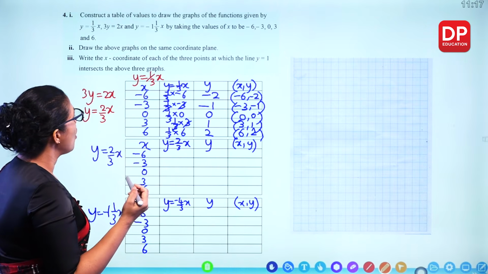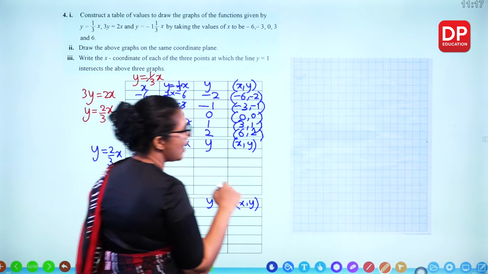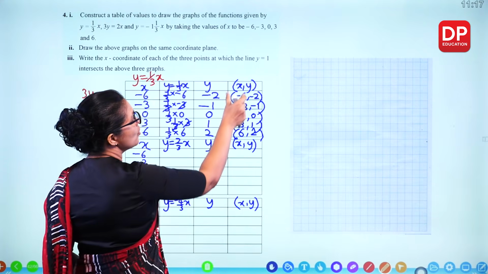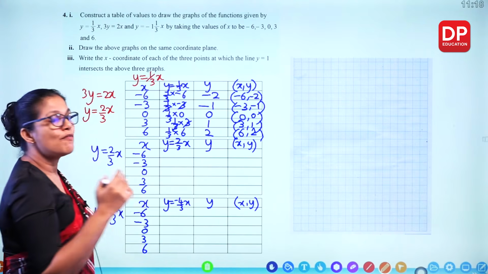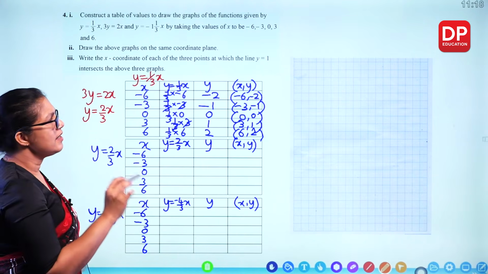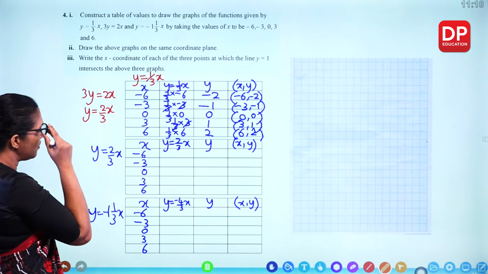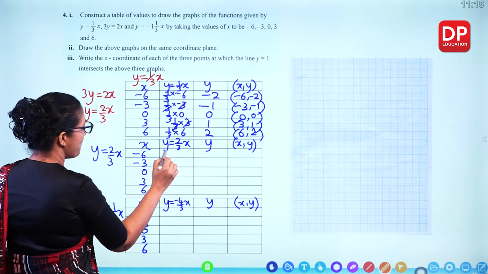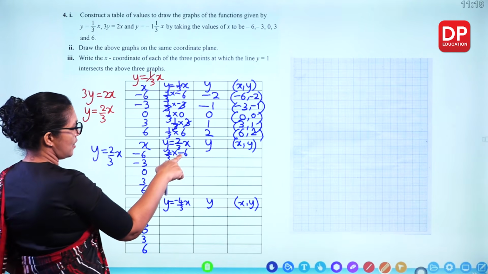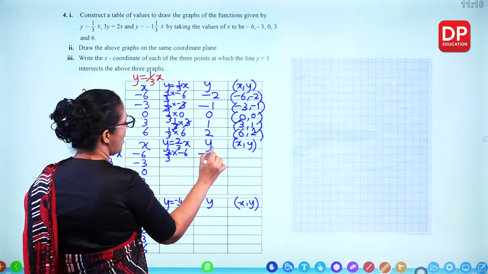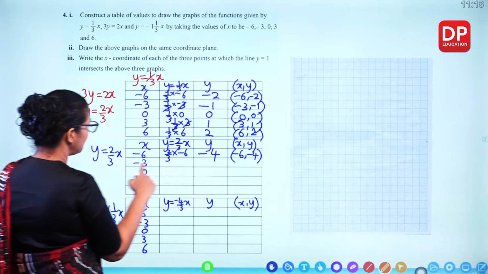Now we'll draw the line and see. We can't draw it yet, because first we need to identify the values we are getting and then adjust the scale. We'll calculate the values here also. 2/3 x means minus 6, you get minus 2 times 2, minus 4. Minus 6 and minus 4.